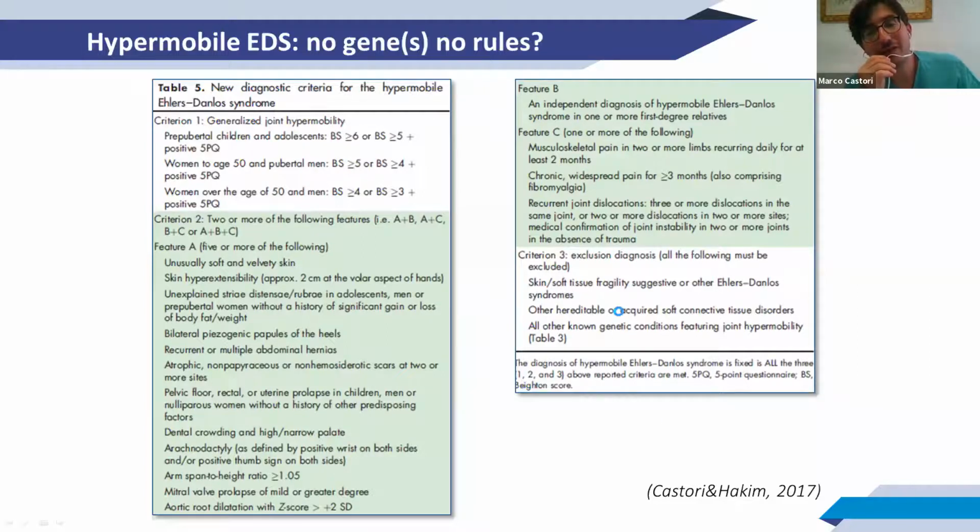So molecular testing is increasingly requested also for hypermobile EDS because the differential diagnosis is growing. And there are specific circumstances in which clinical exclusion of, for example, collagen 1 overlap disorder or Ehlers-Danlos syndrome is not always possible. So you need, in this case, molecular testing.